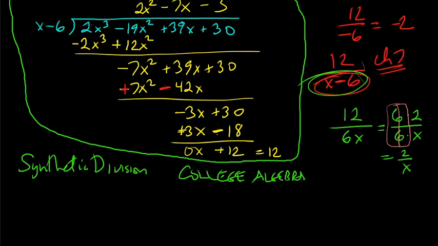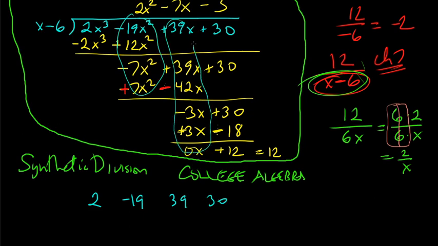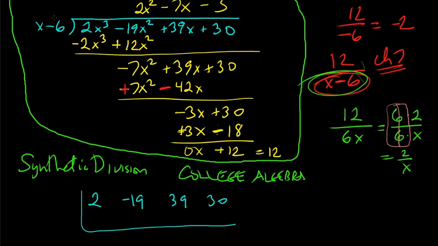All you're going to do is write down the coefficients: the 2, the negative 19, the 39, and the 30. Because notice when we're adding and subtracting, we're just adding and subtracting like terms, the terms with the same exponents of x. Now, here's where it gets a little tricky. On the outside, the number is not the negative 6. It's the opposite of that.